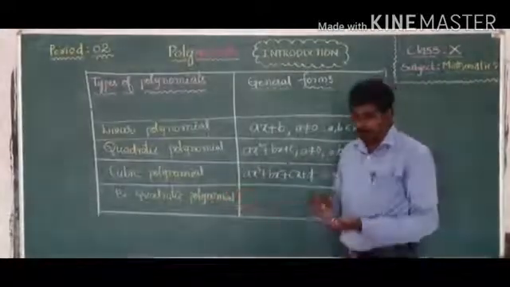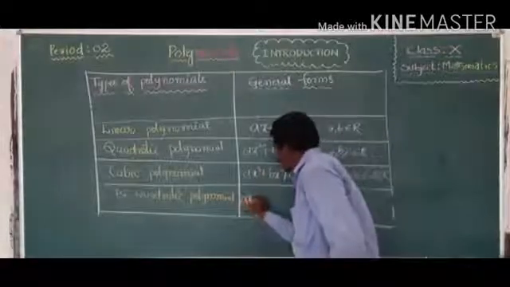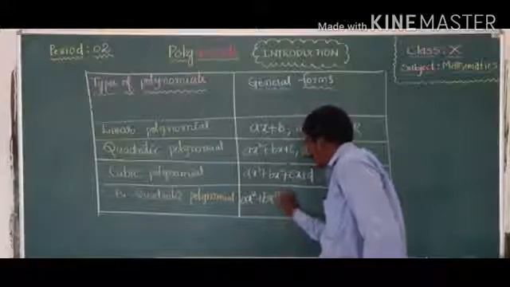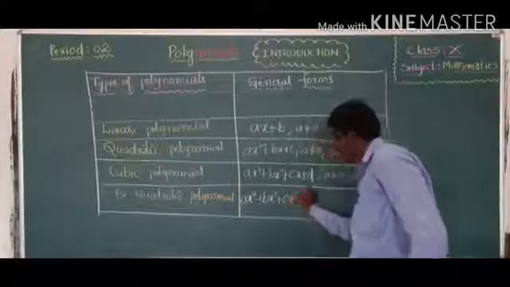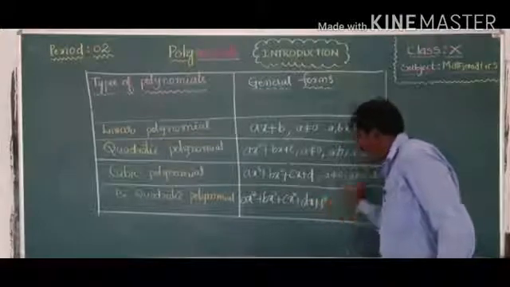The general form of a biquadratic polynomial is ax to the power of 4 plus bx cube plus cx square plus dx plus e.